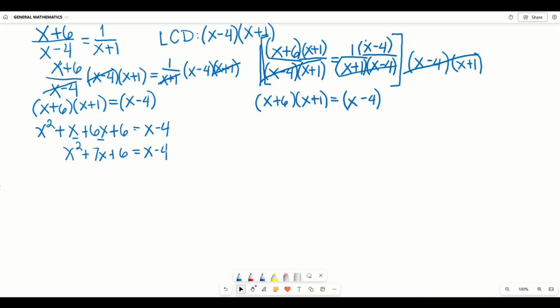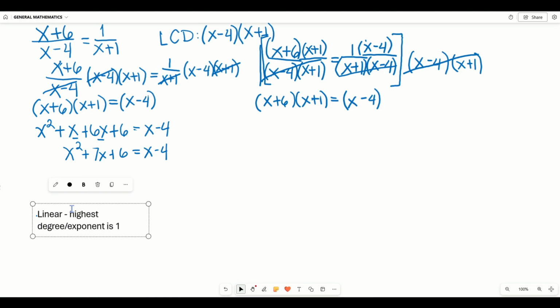So at this point, you'll have to know the techniques na kailangan mong gamitan for you to be able to solve for x. So what you need to remember here is that if you have a linear equation, when I say linear, highest degree or exponent is 1, then you need to isolate all x on one side and all the constant on the other side.